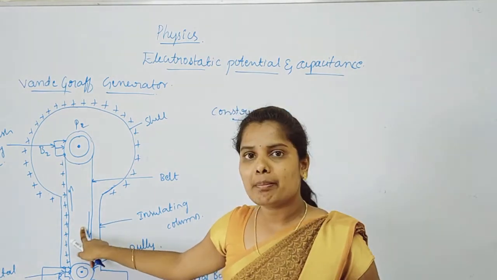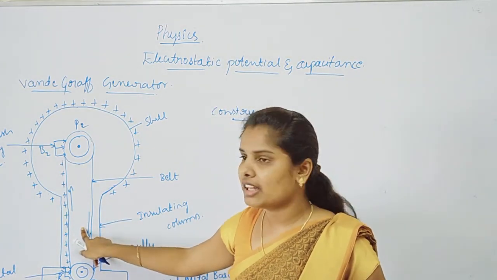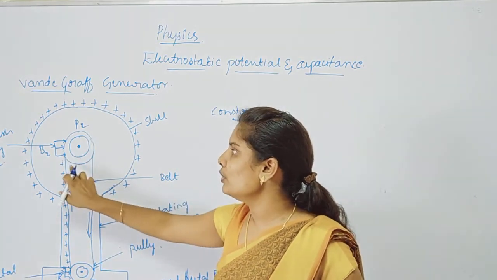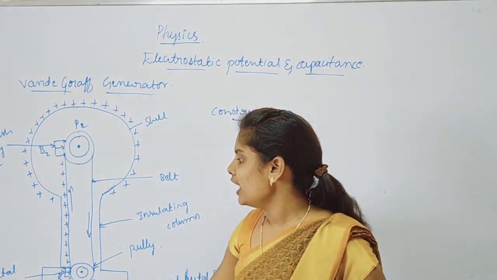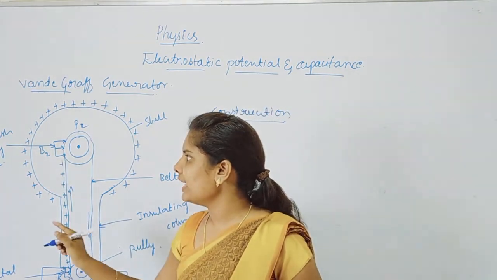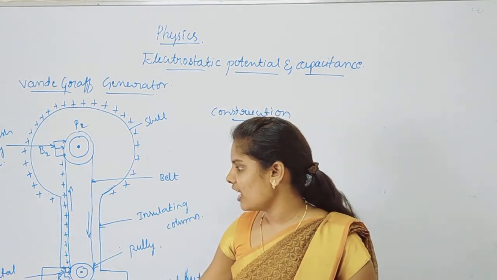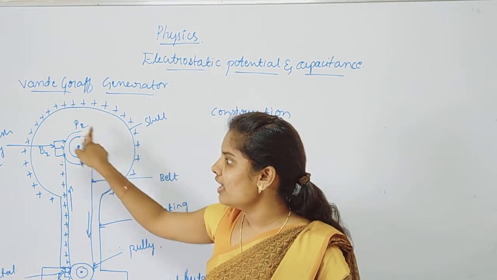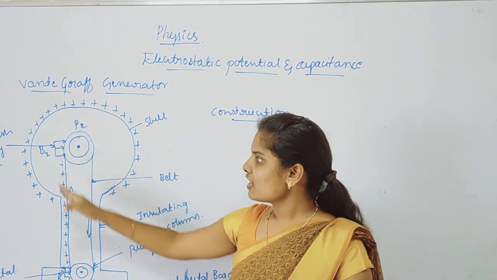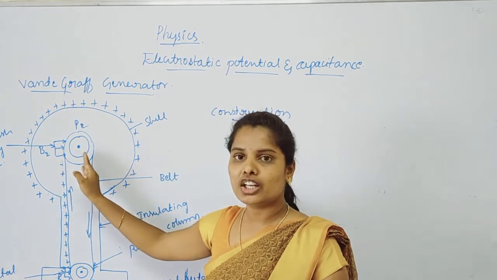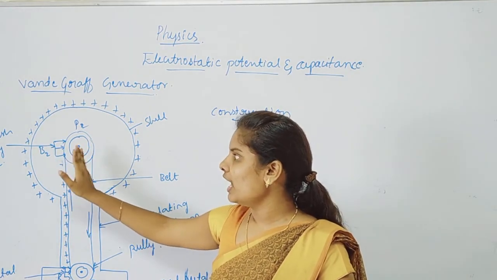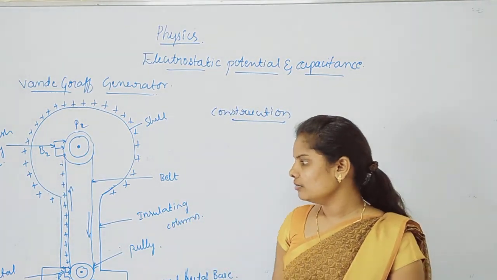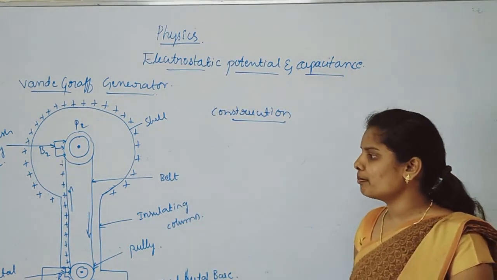The belt is made of an insulating material like plastic or rubber, wound around the two pulleys. B1 and B2 are the two metal brushes, B1 delivering charge and B2 collecting charge. The other side of the brush is connected to the inner side of the shell. That completes the construction part.